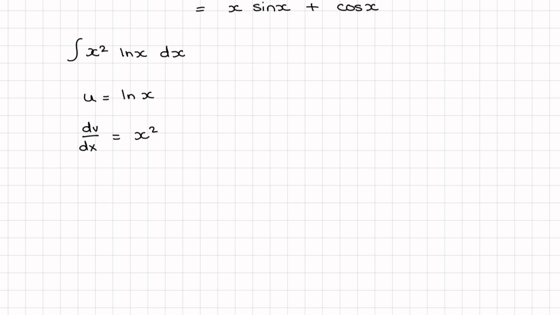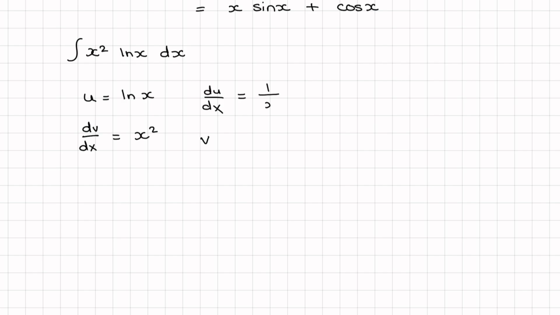Well, we know that we're going to have to calculate du by dx and v. So whatever we pick as our u needs to be something that's easy to differentiate, and our dv by dx should be something that looks simple when we integrate it. Typically, if the expression has a ln term, then we choose u to be ln x, because differentiating this is quite easy.